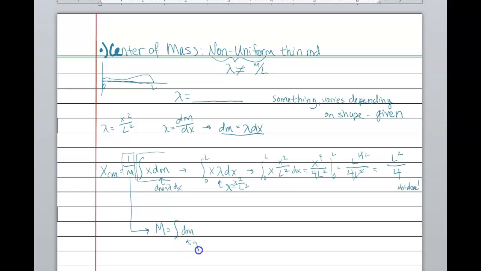So again, I sub in lambda dx. Then I sub in lambda. So now I'm integrating x squared over L squared with respect to x. Since I don't have that x there, now I'm just down to x cubed over 3L squared.